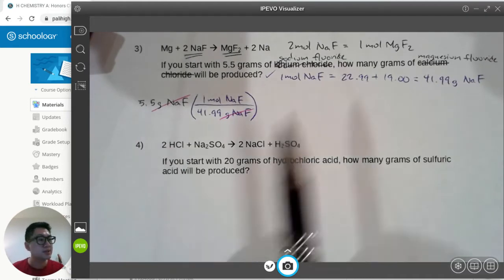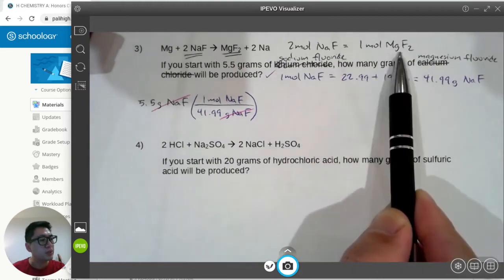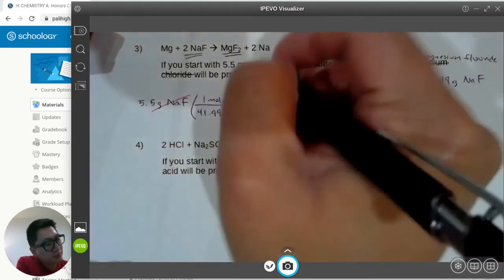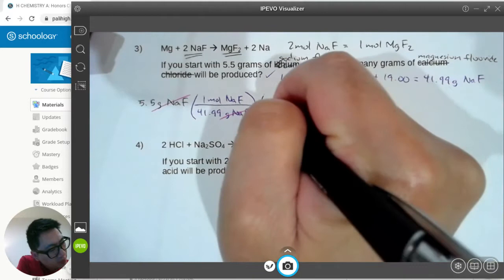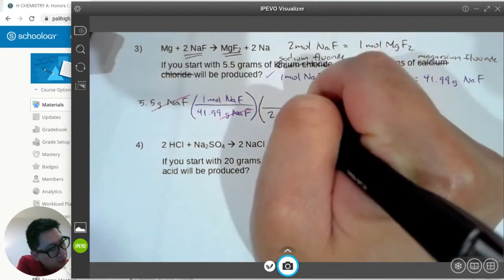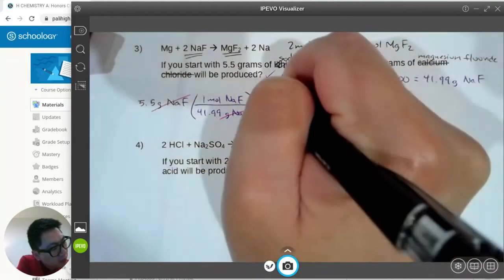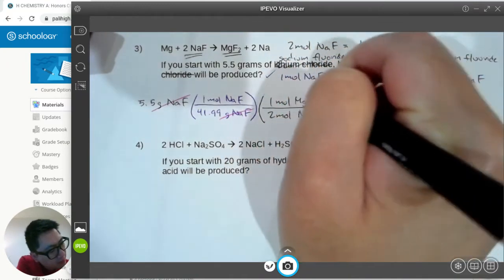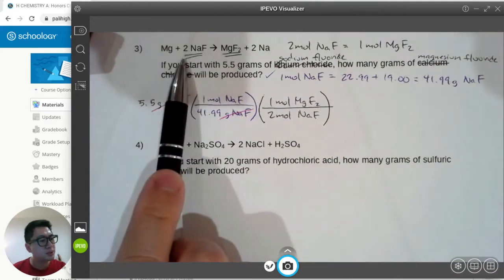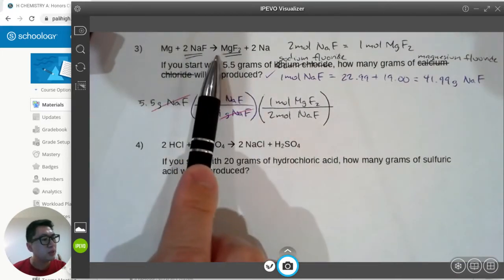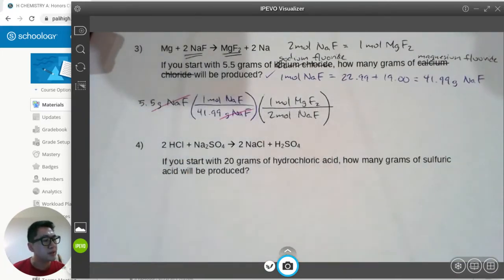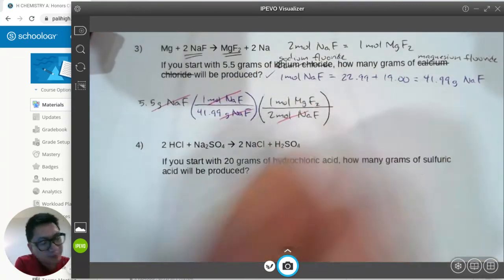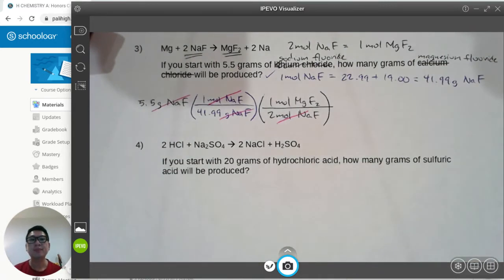And I want that because I also know 2 moles of sodium fluoride makes 1 mole of magnesium fluoride. Coefficient 2, 2 moles of sodium fluoride, makes coefficient 1, 1 mole of magnesium fluoride. I put the sodium fluoride in the denominator so that it'll cancel out. Now I have moles of magnesium fluoride.